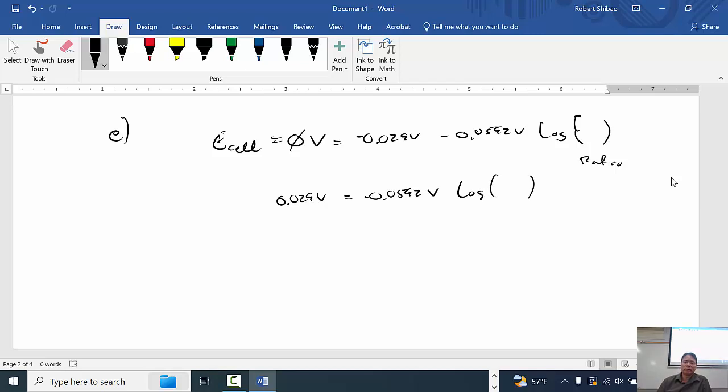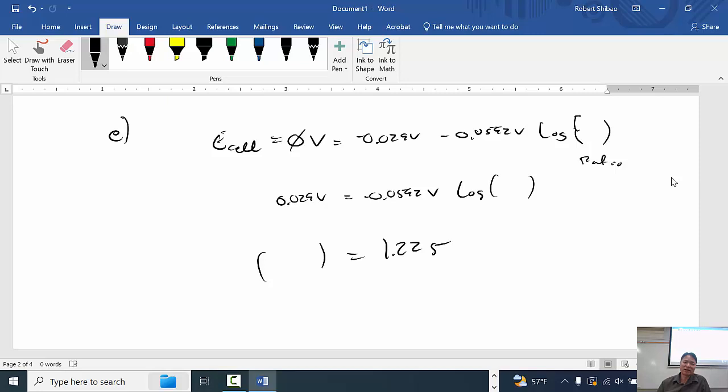So add 0.0592 to both sides. And then take the anti-log of that to get the ratio. So we'll just do that in the next step. 0.029 plus 0.0592. Take the anti-log. 0.225.